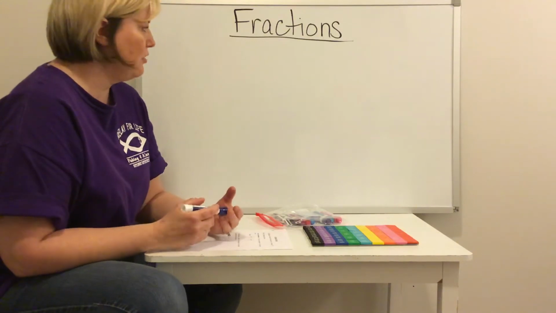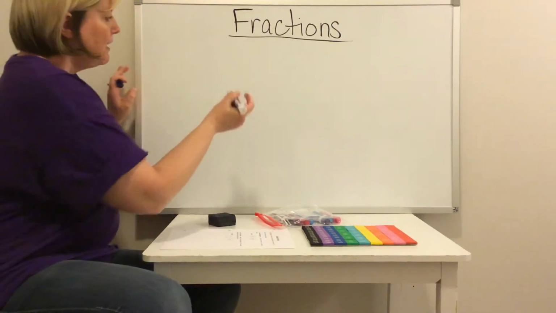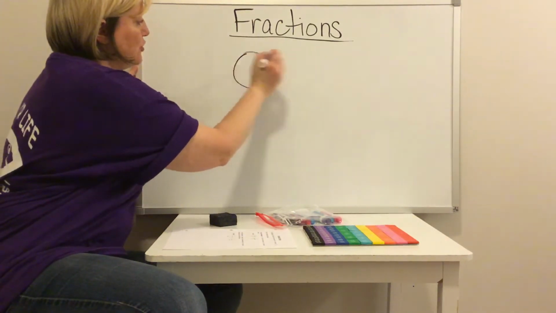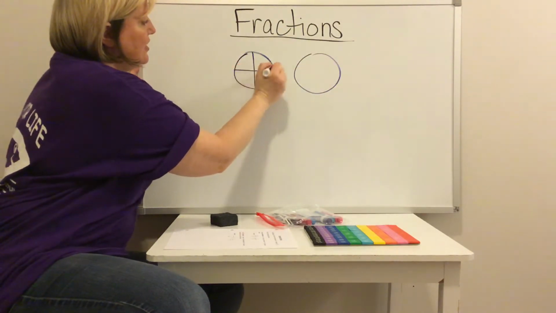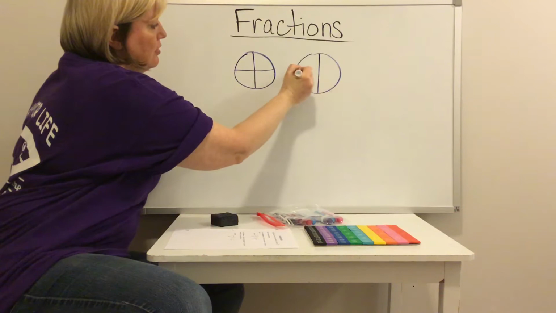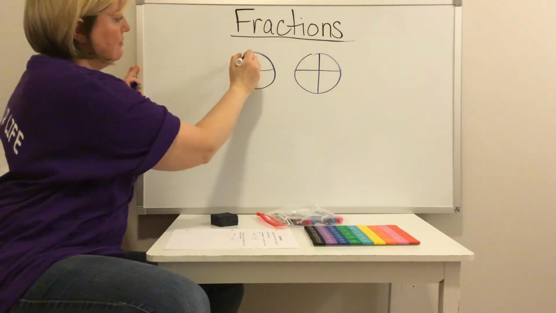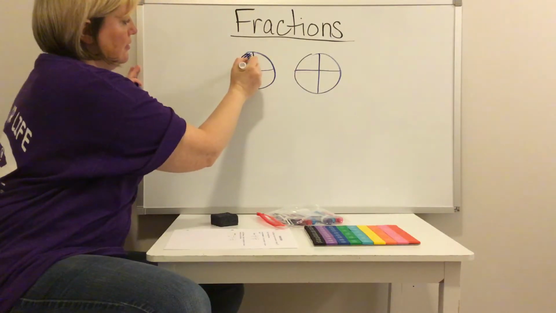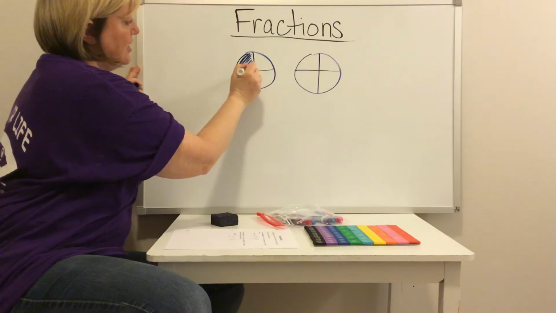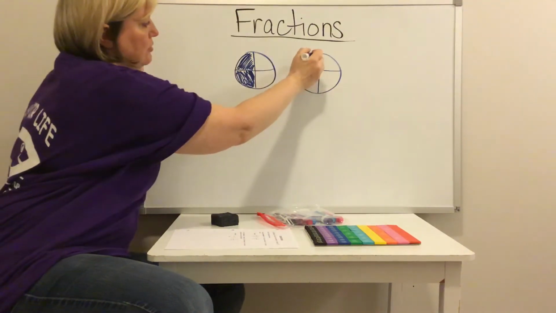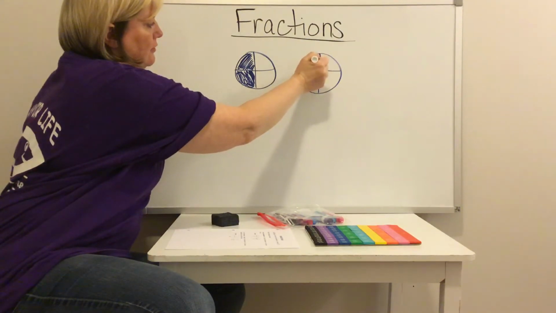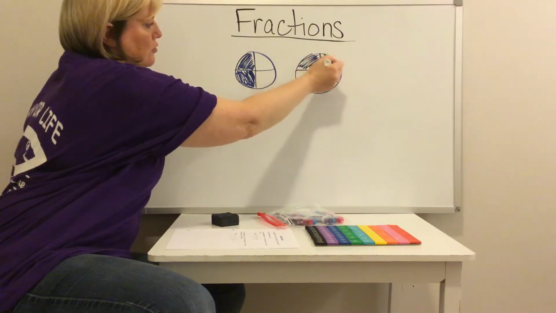to the other one. So let's say I have two circles of the same size that are both divided into the same number of equal pieces, but I'm going to shade in a different amount on both of them.